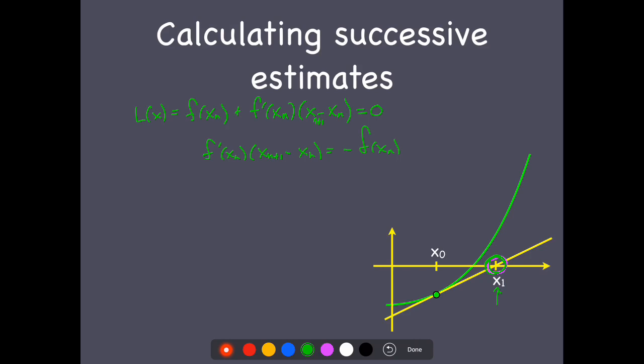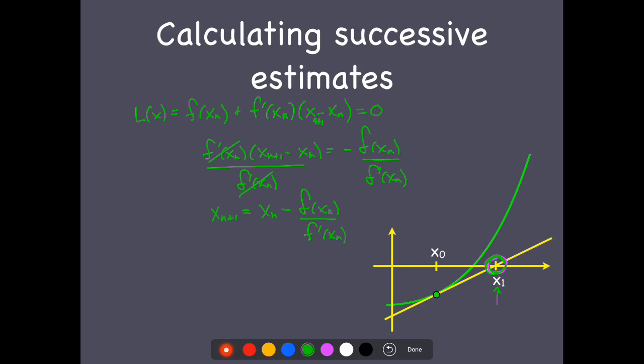So here as we solve, you can see why there's a minus sign in front of the f of xn, and why f prime of xn is going to end up in the denominator. Those cancel, and now I have xn plus 1 minus xn, so I'm going to add xn to both sides, so I get xn plus 1 is equal to xn minus f of xn, all divided by f prime of xn.